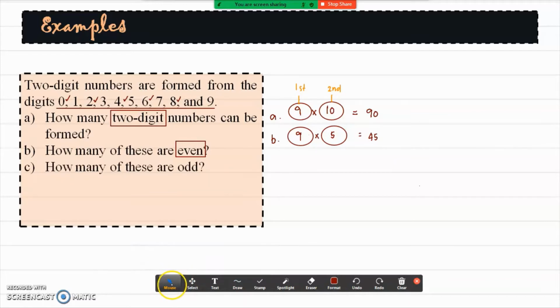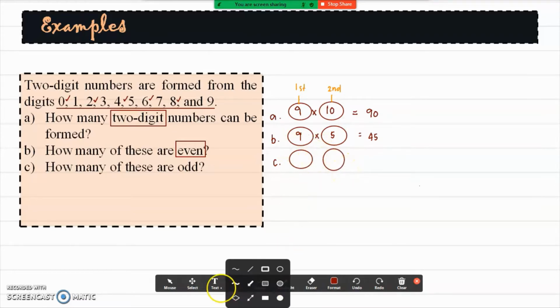Next, how many of these numbers are odd? Still following the same process, we'll make use of our circles to represent the two-digit number. For the first digit, we cannot use 0, so we only have 9.